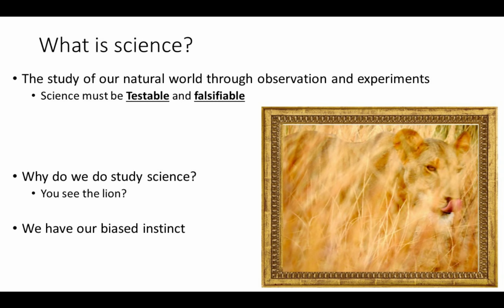Now, what makes it even more unique is if you take a look at this lion, what's the first thing you notice about it? Hungry. The tongue, the face. What else? It looks like it's camouflaged in there. You look at the eyes.